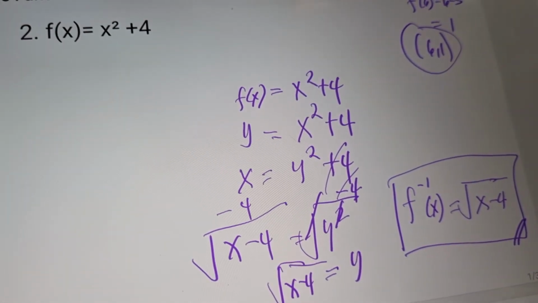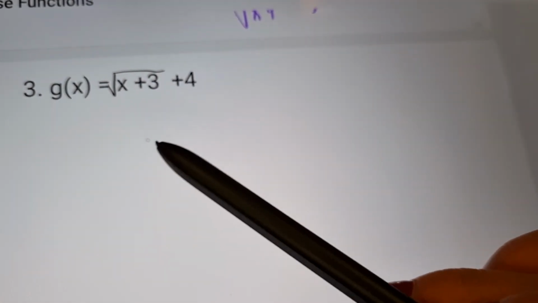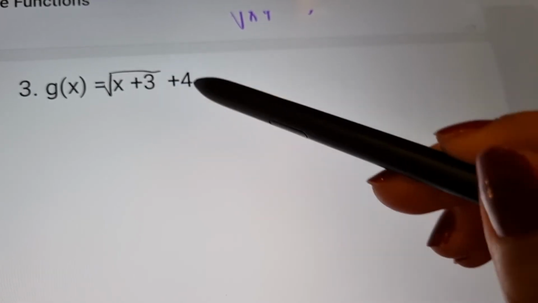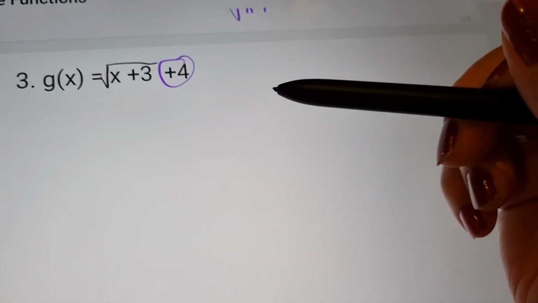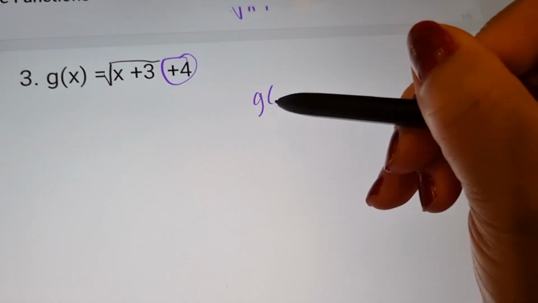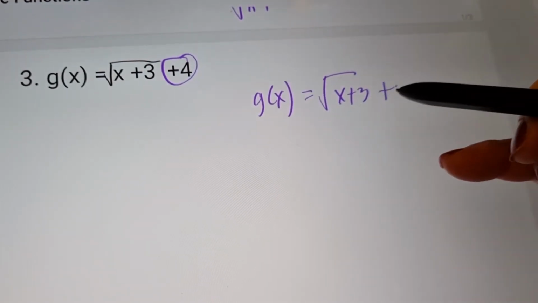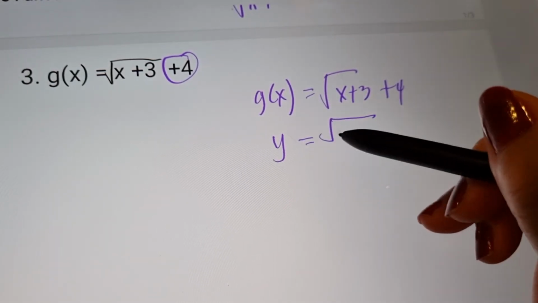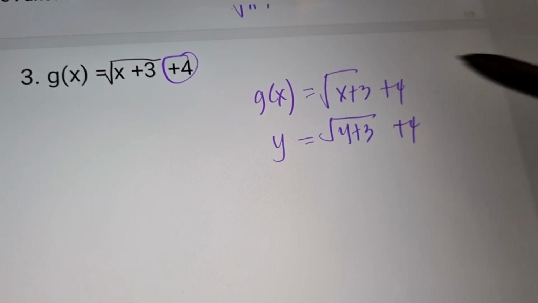Okay. Next, we have g of x is equal to the square root of x plus 3, plus 4. Take note, this number is not inside the radical sign. So g of x is equal to the square root of x plus 3, then plus 4. Then change this to y, so y is equal to the square root of x plus 3, plus 4.